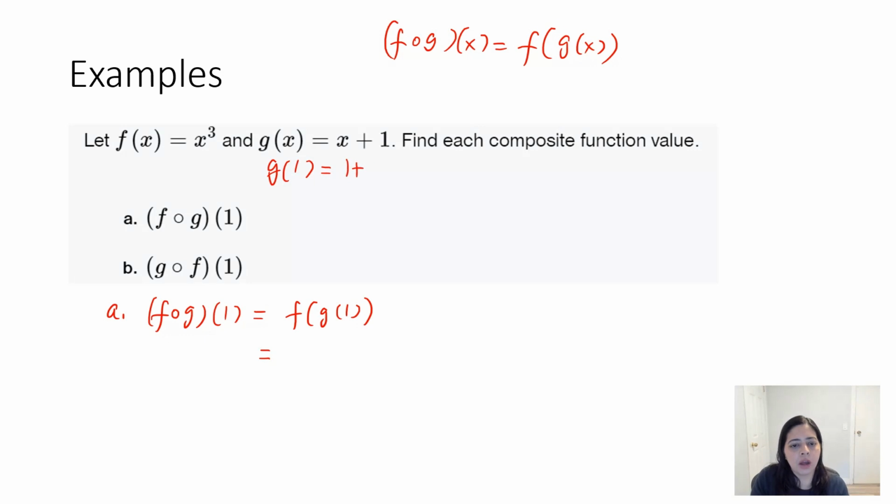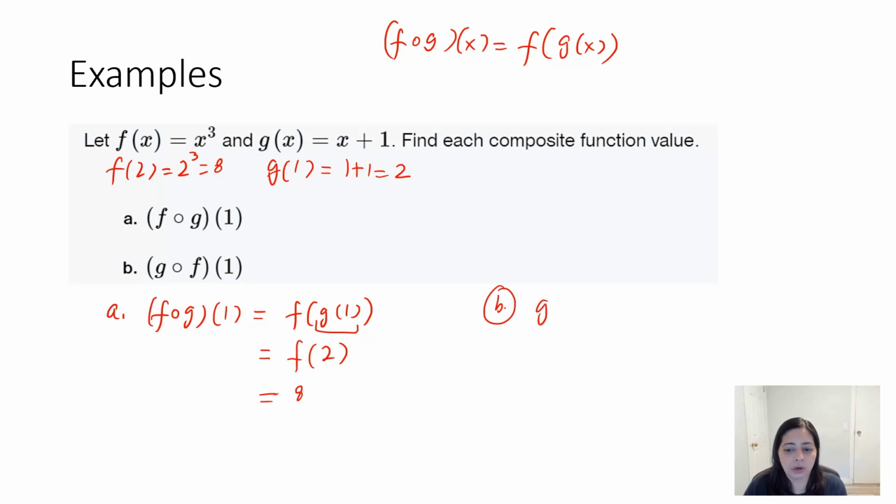So what is g(1)? 1 plus 1, 2. So I'm going to replace this here because g(1) is 2. Now I have to compute f of 2. So f of 2 is 2 cubed, which is 8. So that's how you get f of g at 1 equals 8.